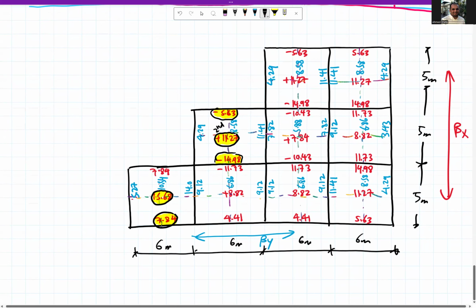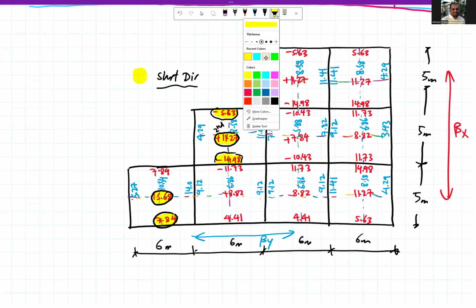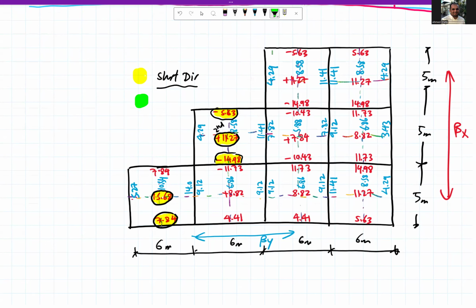Okay, so this in the yellow is the short direction. If we use green for the long direction, we also have here the absolute maximum, sorry, the maximum because it is on the edge.